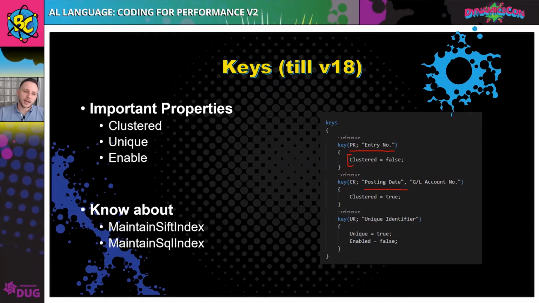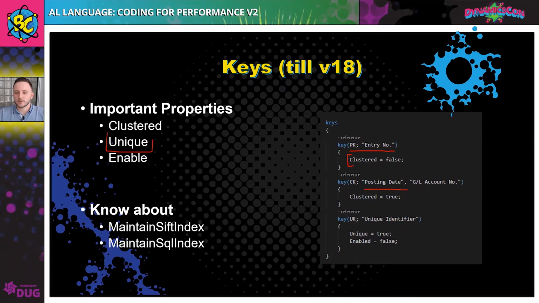There are also some other properties about the keys. Unique: you can specify that the key should be unique, and then the user is not able to fill the same value for two records.